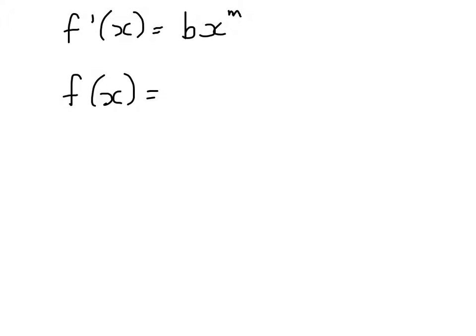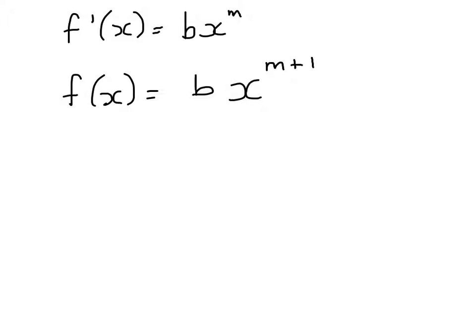Okay, so here's a general rule. If we've got f dash of x is b times x to the power of m, then f of x will be this. It'll be x to the power of m plus 1.